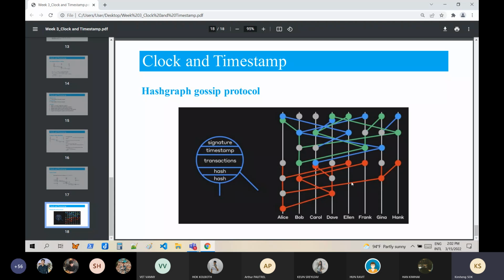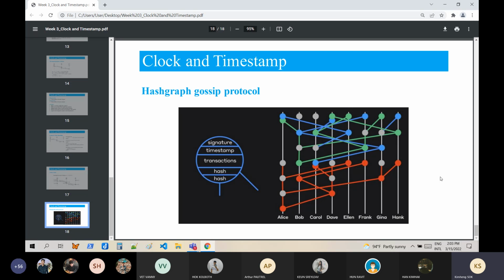And then in what we call a hashgraph gossip protocol, you can see that they also define the color of the event. For example, this color is red, this color is white, this color is green. Those events also have their own state. If the event happened a very long time ago, we say this event is already done, just like in a database where we commit the data.